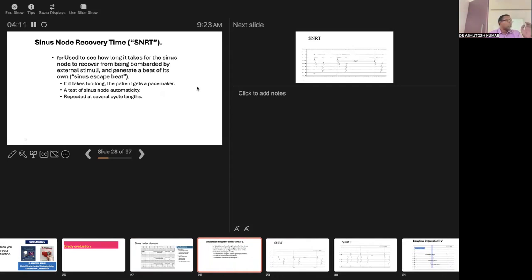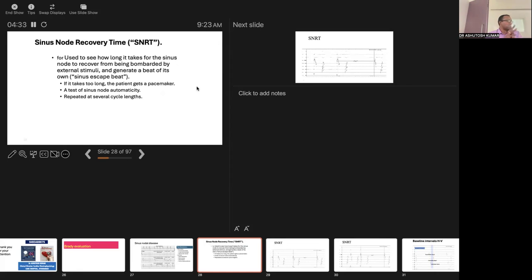Sinus nodal recovery time is the pause that follows when we are pacing the right atrium. If we pace the right atrium for 15 to 30 seconds, the time from the end of pacing to the next sinus beat is called the sinus nodal recovery time. So if we pace for 30 seconds, we have to measure the interval after the first sinus beat comes.